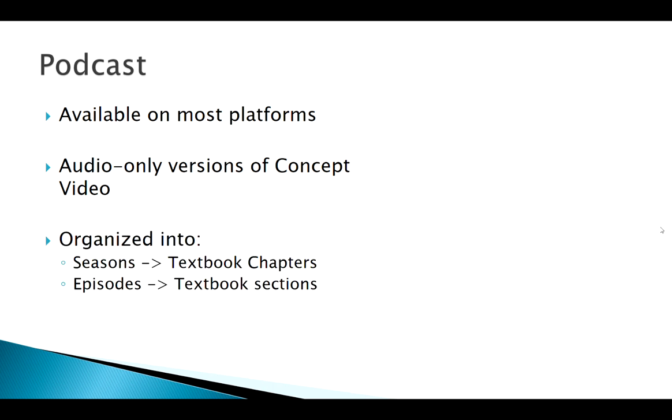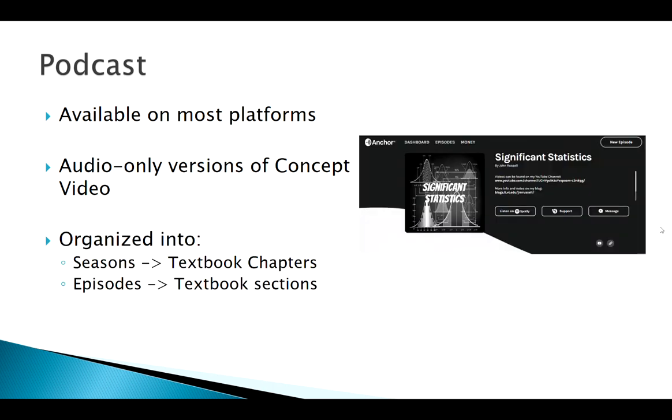The way I organized the podcast depends on the platform you listen on or how the distributor does it, but I organized it into seasons and episodes. Each season corresponds to a textbook chapter, and each episode corresponds to a section in the textbook.